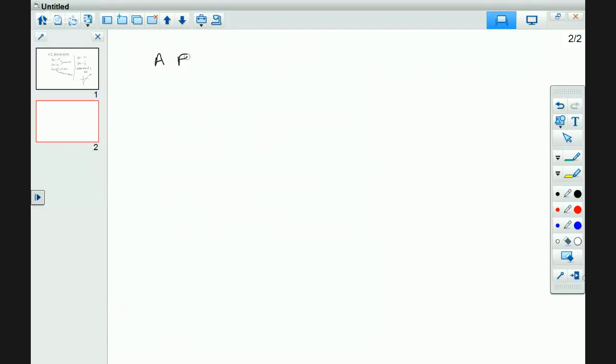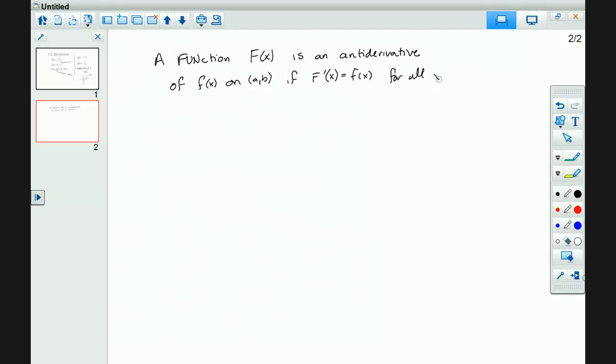A function big F of x is an antiderivative of f of x on an interval a, b if big F prime of x equals f of x for all x in the interval. This is the formal definition of it.